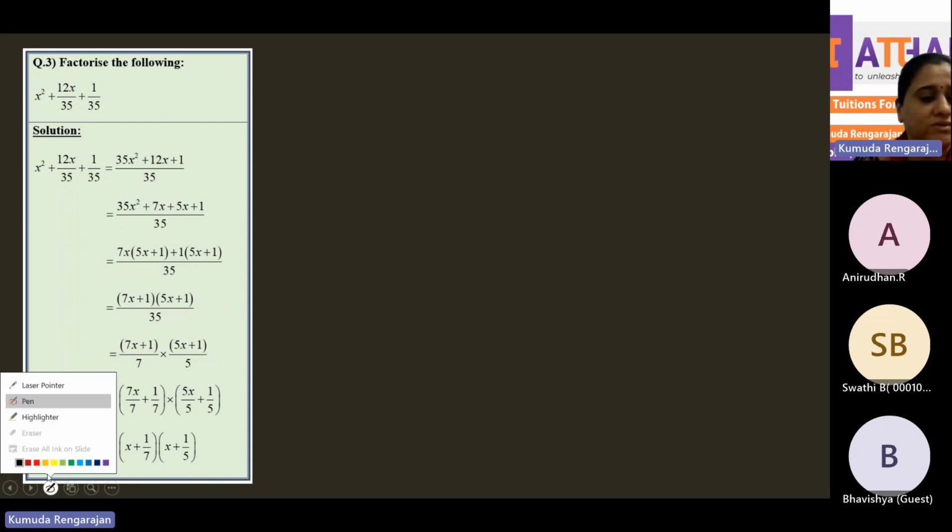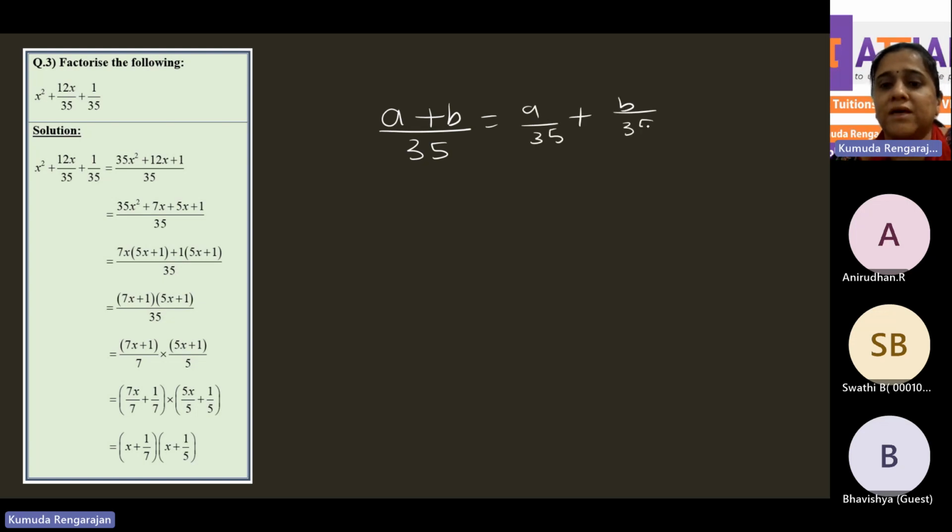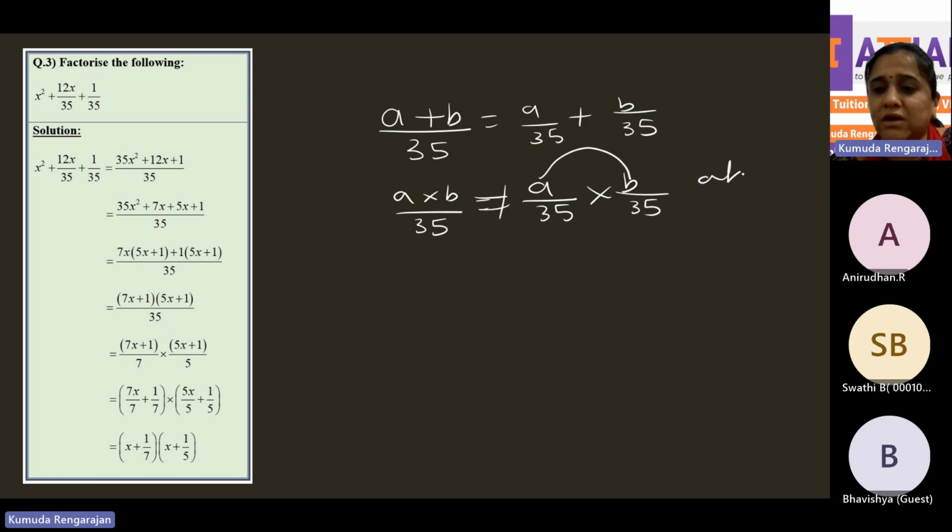Supposing it was A plus B by 35, then it will be A by 35 plus B by 35. When it is A into B by 35, it cannot be A by 35 into B by 35, because A into B is AB, but 35 into 35 is 1225.